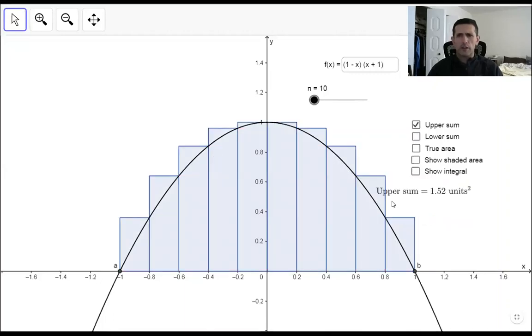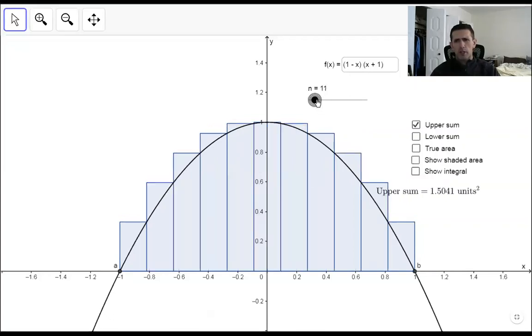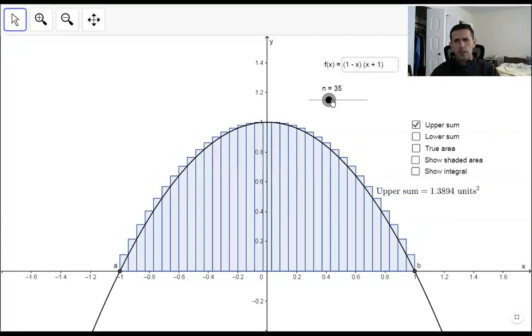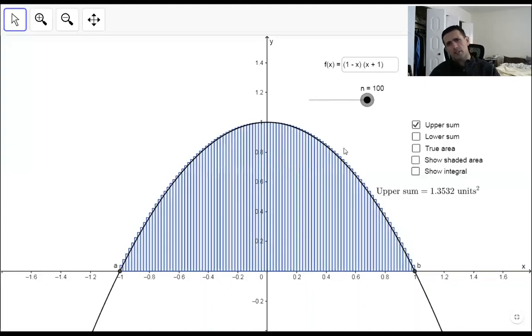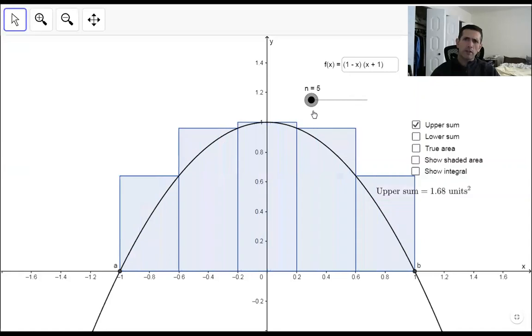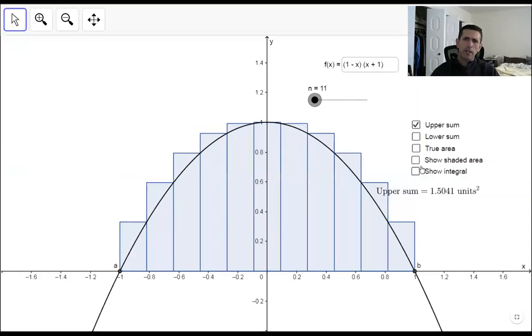On the other hand, as the width of each interval gets smaller and smaller, which means we have more and more rectangles, the Riemann upper sums decrease, and they start to approach a number that reasonably approximates the area under the curve. Okay. On the other hand, let's go back to 10.